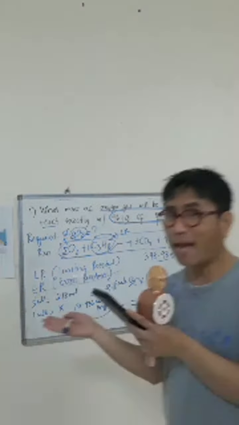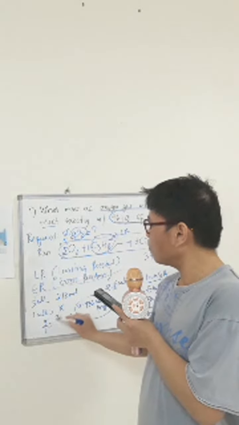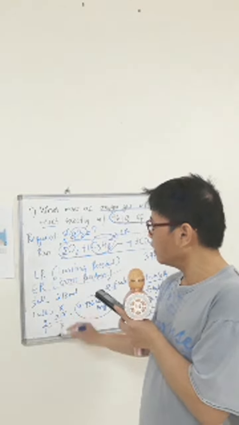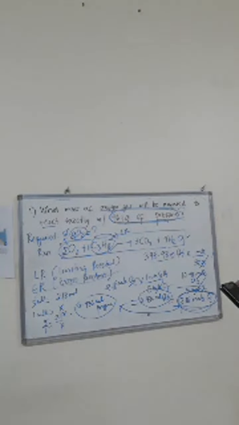By math, 5 over 1 is equal to 2.18 over X. Let's check. It is really valid.